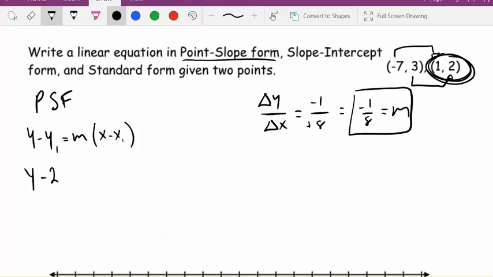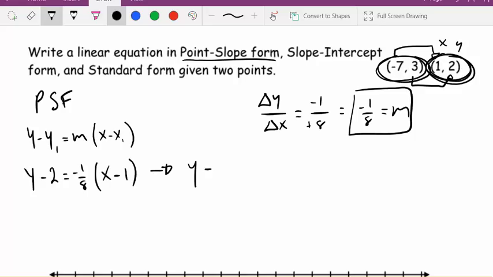So y minus 2 equals m, -1/8, times the quantity x minus, what was the x value over here? X and y, x minus 1. Okay, if I were to use this other point, -7/3, it would be the same thing.